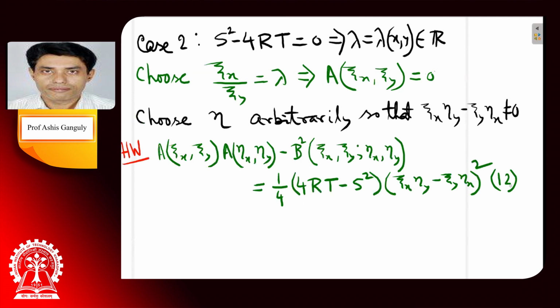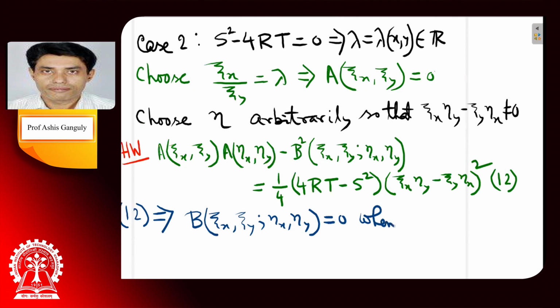Now the point is, what does 12 imply? 12 definitely implies B(xi_x, xi_y; eta_x, eta_y) equal to 0 when s square minus 4rt equal to 0. Because you see, this term is not equal to 0, because xi and eta are functionally independent. And this term is 0 for this case.